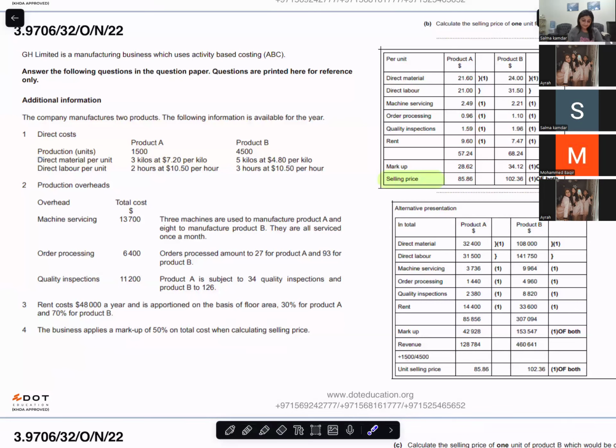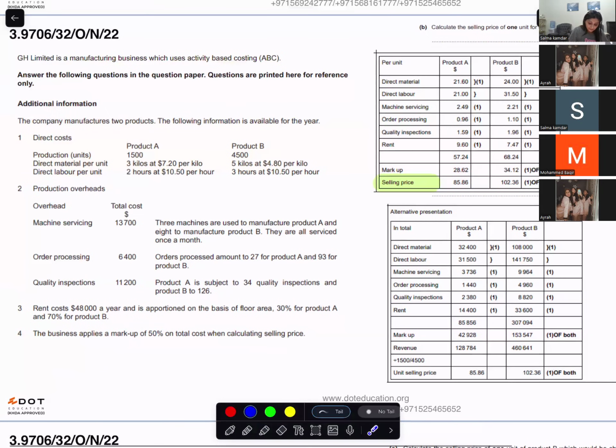We'll take per unit, it's better. 3 into 7.20, so for direct material 21.60 for product A. Product B would be 5 into 4.8, so it's coming up to 24.